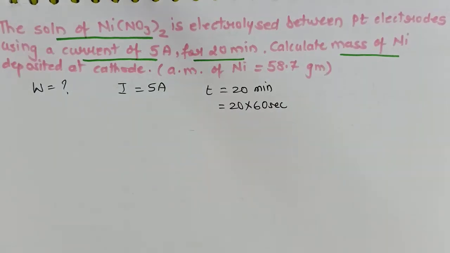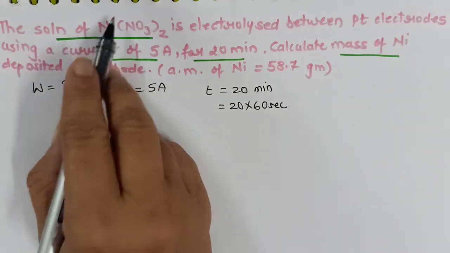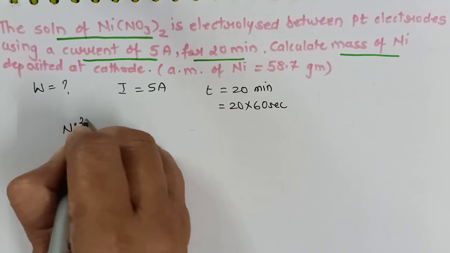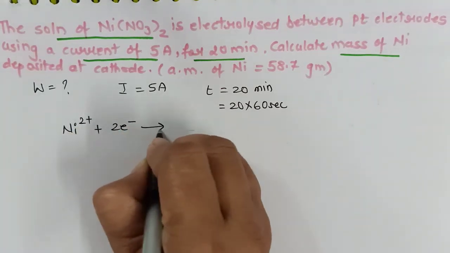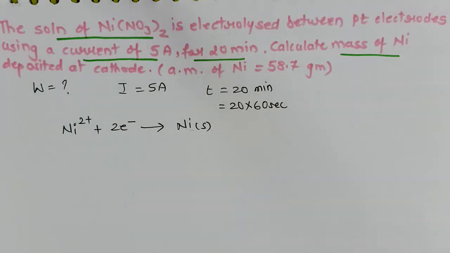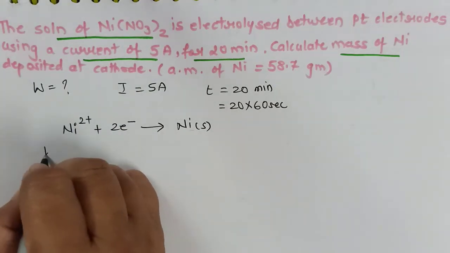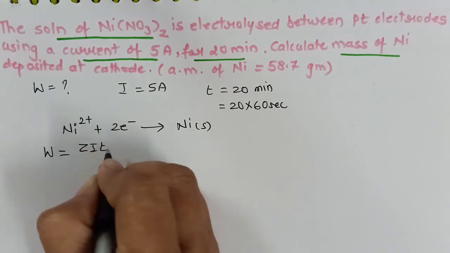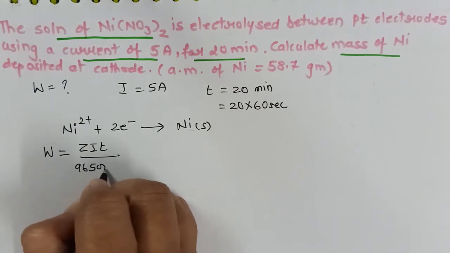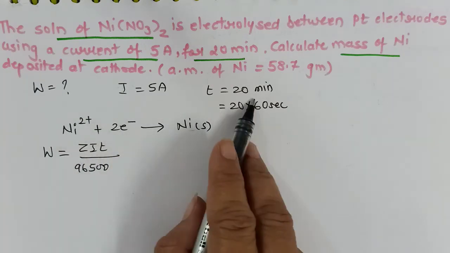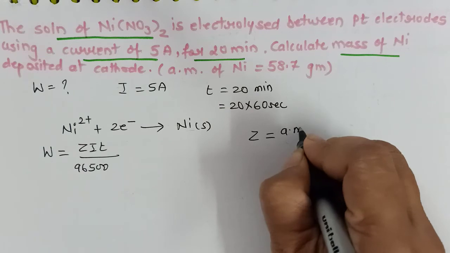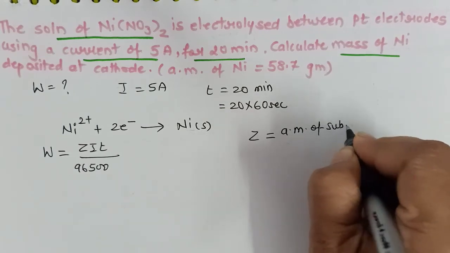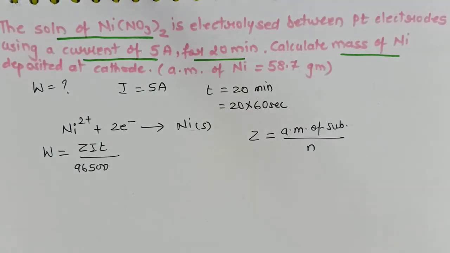And now we'll try to find out how many electrons are required for the reduction of nickel. In this solution, we can easily predict that nickel is in 2+ oxidation state and therefore 2 electrons will be required for its reduction. Now we'll calculate W. W equals ZIT upon 96,500, as the current is in ampere and time is in seconds. But we don't know Z. Z is atomic mass of the substance upon the number of electrons lost or gained.